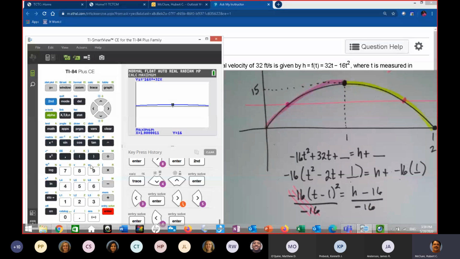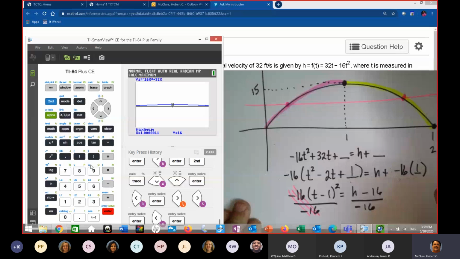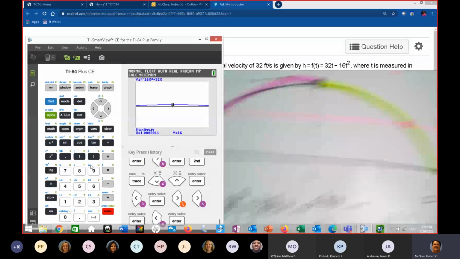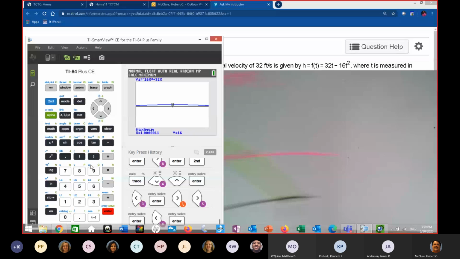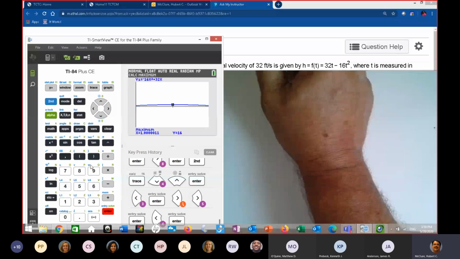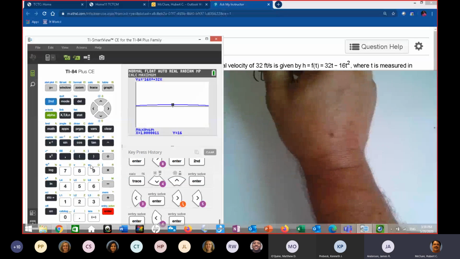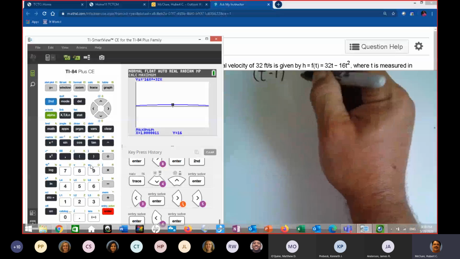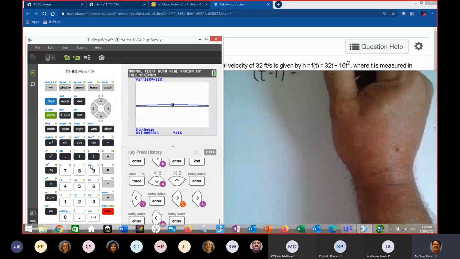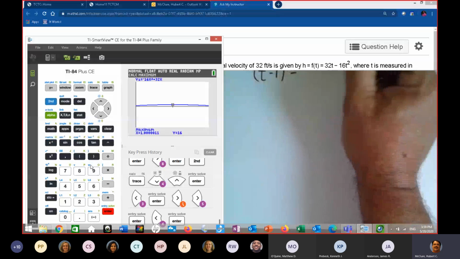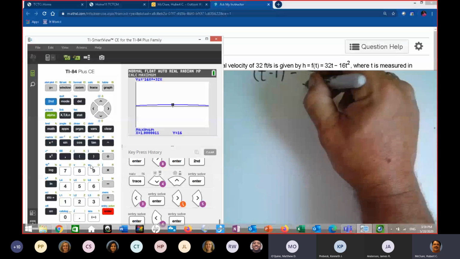And that's going to be t minus 1 quantity squared is equal to, and I'm going to pull a negative 1 out of the top and a negative 1 on the bottom. And that's going to give me negative h plus 16 over 16. You're off the screen right now.